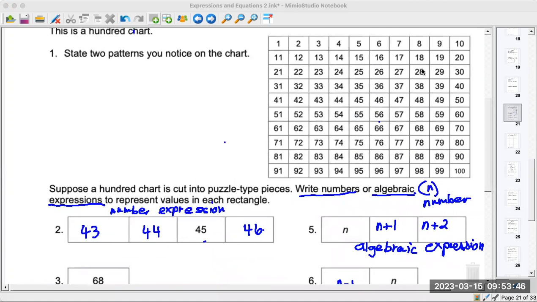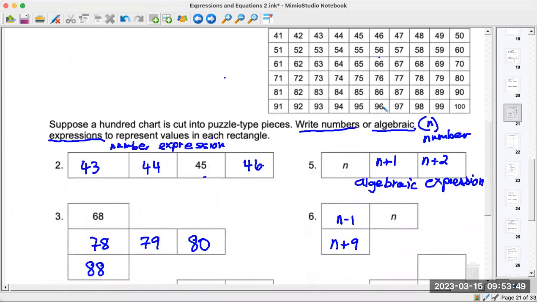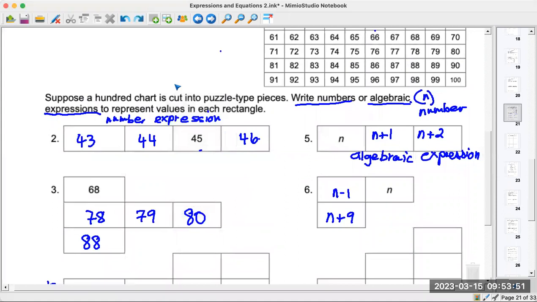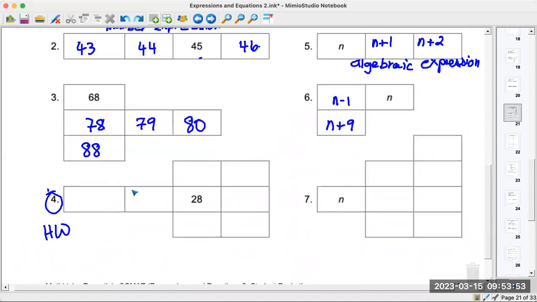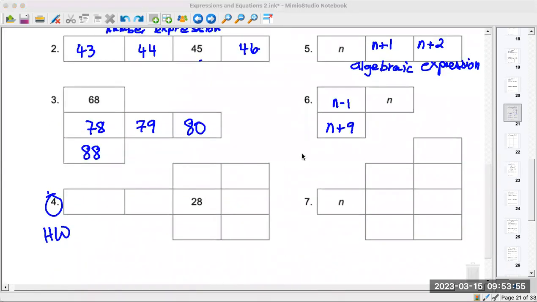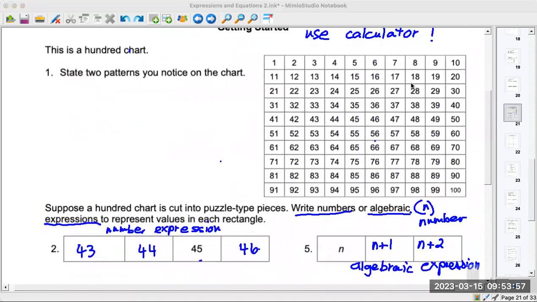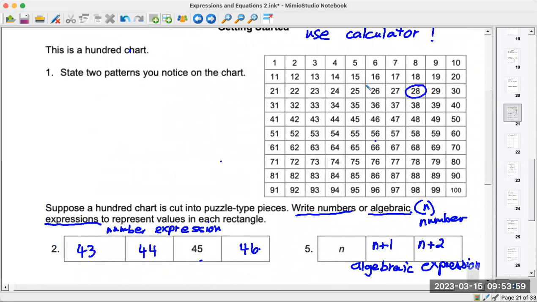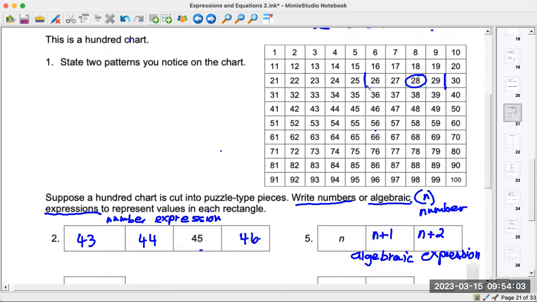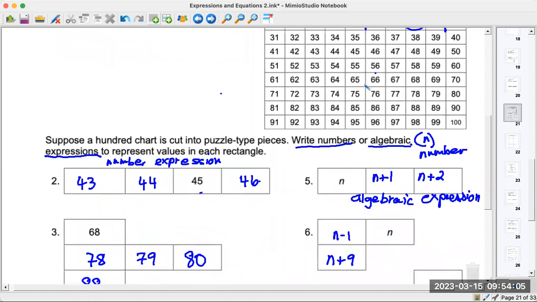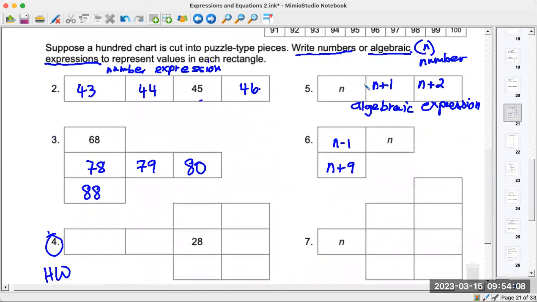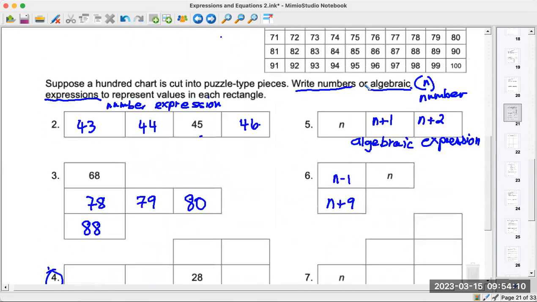Find the number 28, and then cut out the puzzle pieces. It's a big one. 2 to the left and 1 to the right. And then up and over 2.